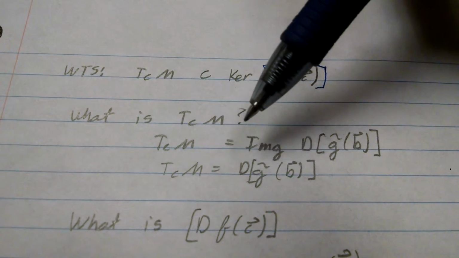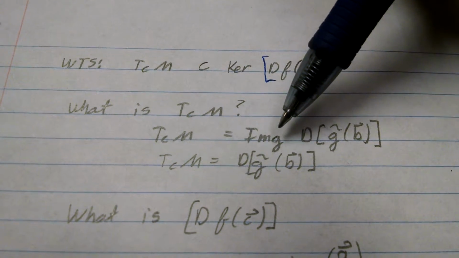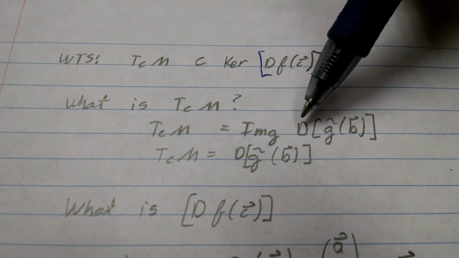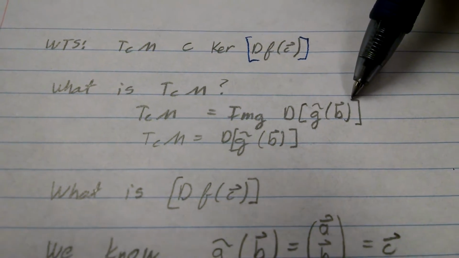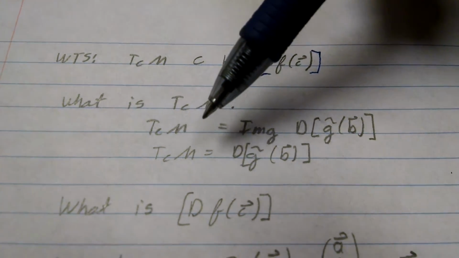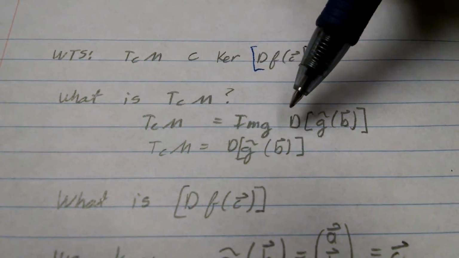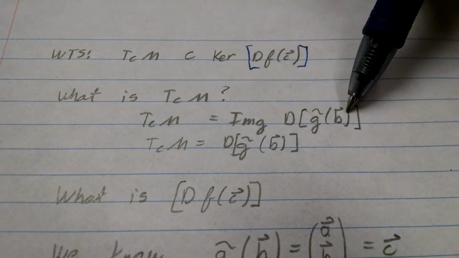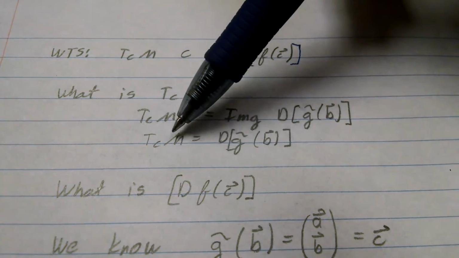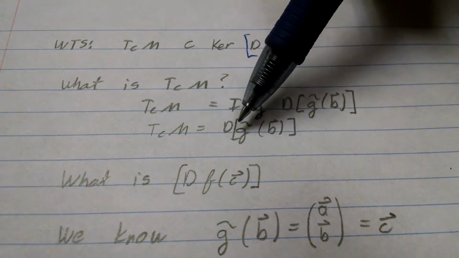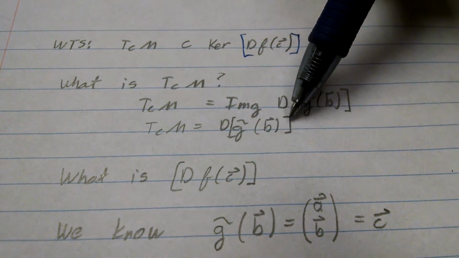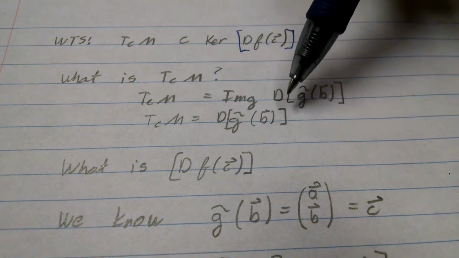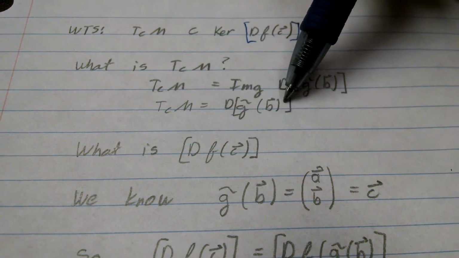So what do we know about the tangent space at c? We know that T_c M is the image of the derivative of the graph function. Remember, we showed that the tangent space is the image of the parameterization function, the graph function. So the tangent space equals the derivative of the graph function at b, the active variables.